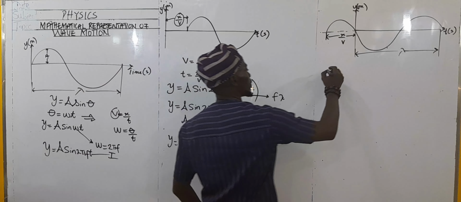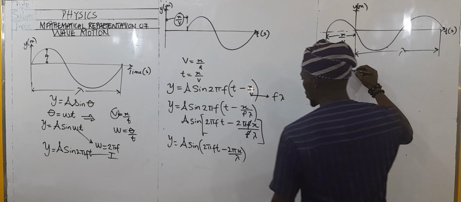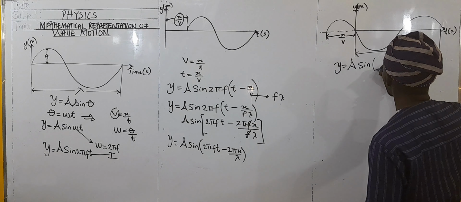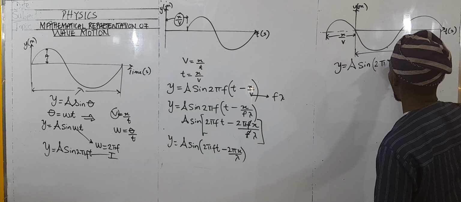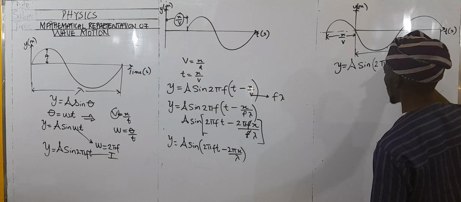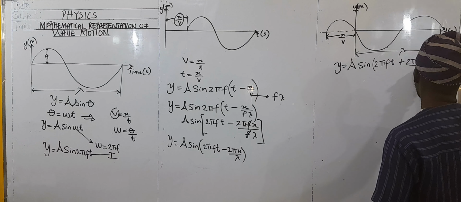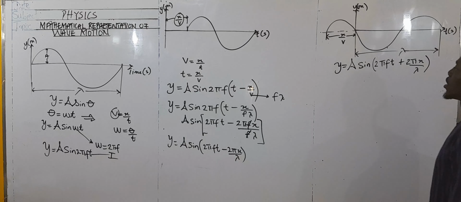But what we're going to be having will be y equals A sine 2 pi f t plus 2 pi x over lambda.